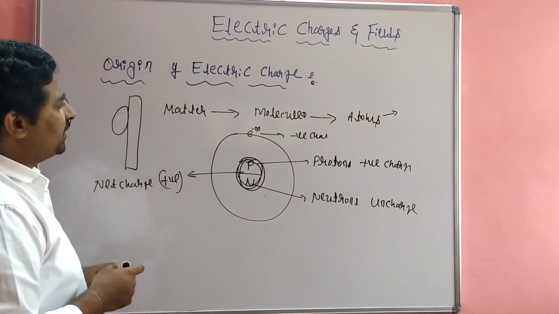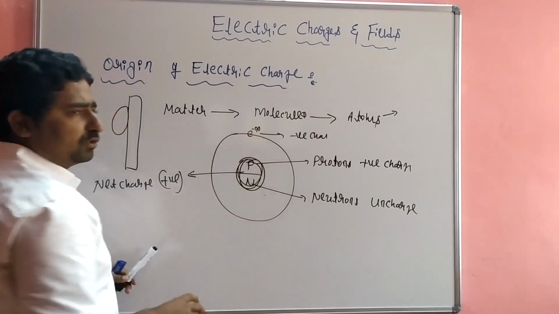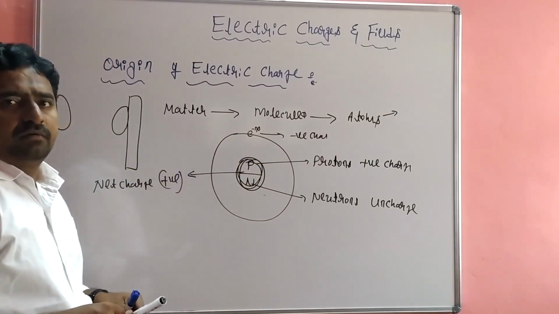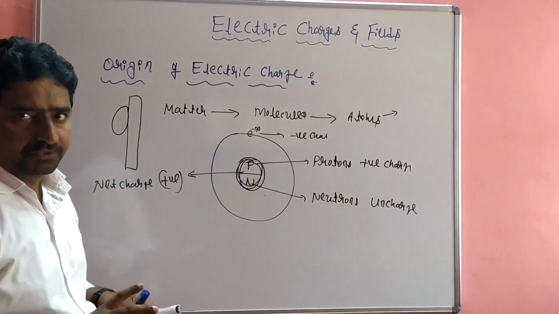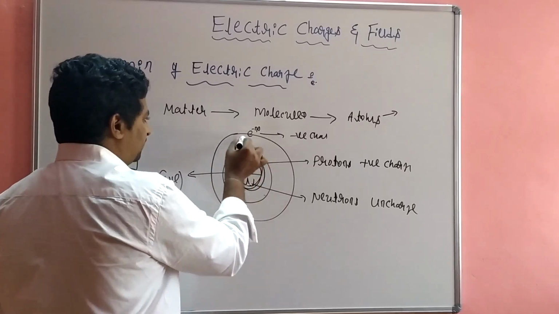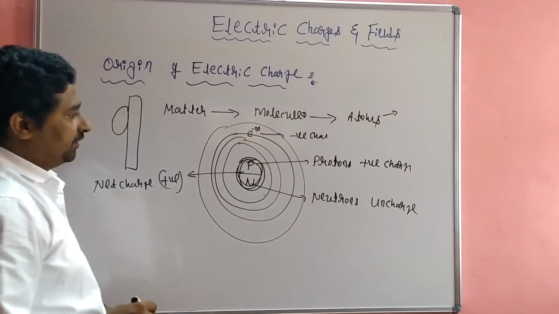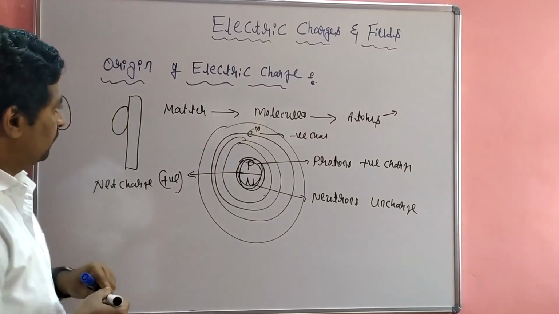The electrons revolve around the atom in different orbits. For our explanation I took only one orbit, but there are many orbits, n number of orbit shells.